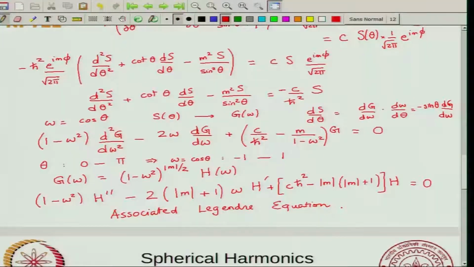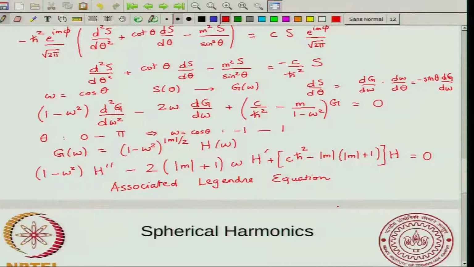Now you can work out the solution of this using the power series method, and that is what we are going to do. I will just do a few steps, and then we will look at the implications of the results.